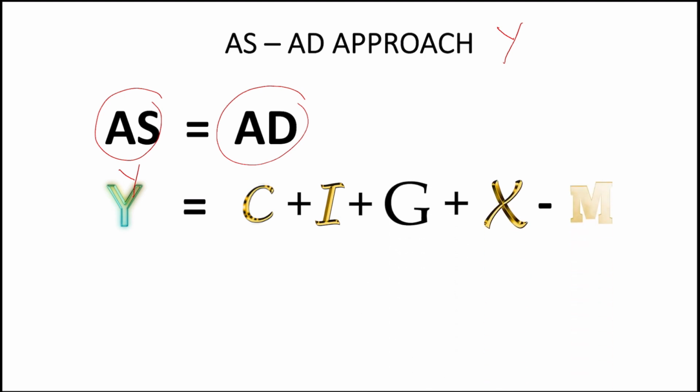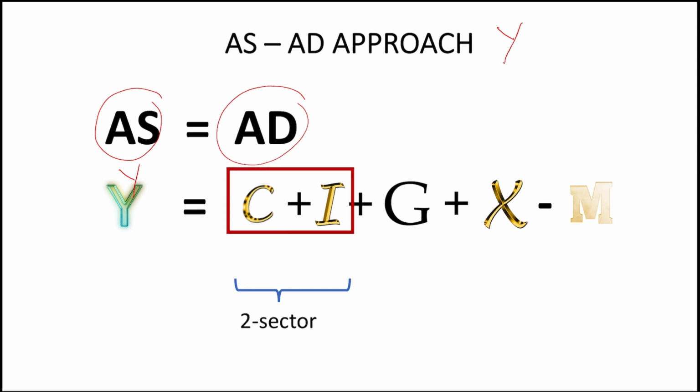Alright. Do you still remember we have 2 sector economy, 3 sector economy, and 4 sector economy? So this is what we will learn in this chapter. For 2 sector economy, you just use Y equals C plus I. Remember, for 2 sector economy, we have 2 macroeconomic components, which are household and firm.